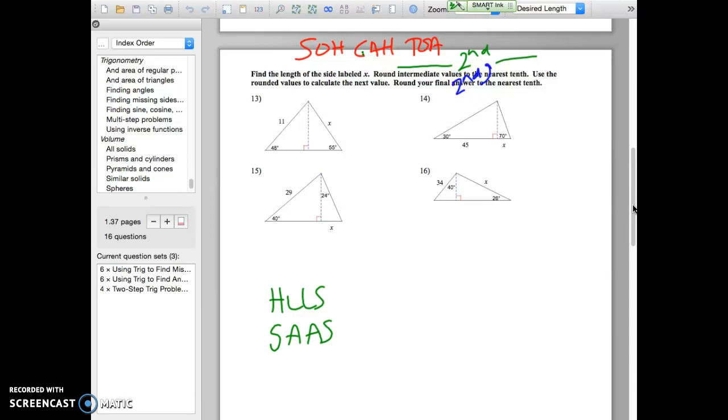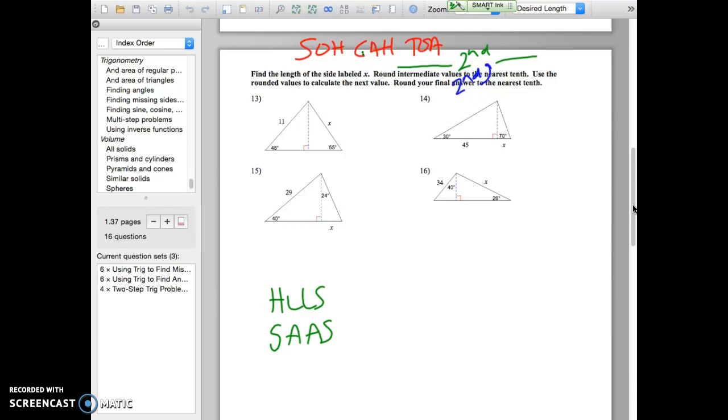In this case, we have degrees and side lengths. So we're going to have to work something else out. Also, you'll notice that the very big triangle isn't a right triangle. So you're just going to have to do trig multiple times to get the information you need.